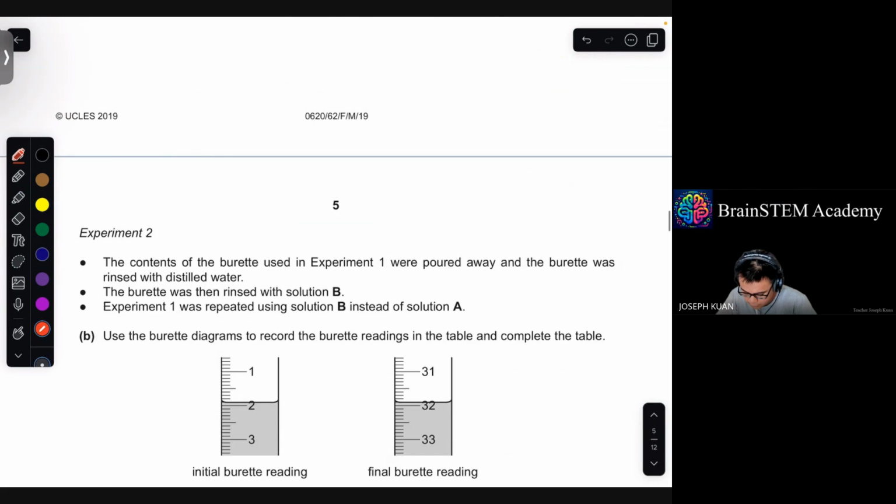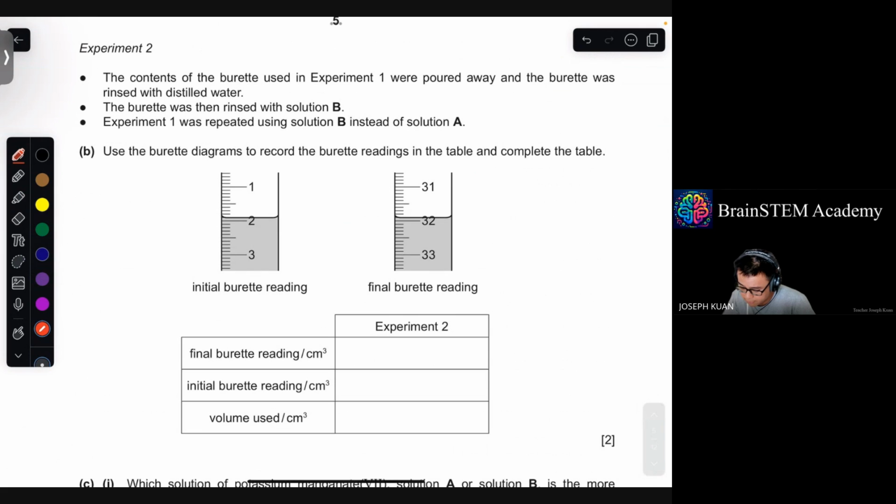Moving on to experiment 2. The contents of the burette used in experiment 1 were poured away and the burette was rinsed with distilled water.